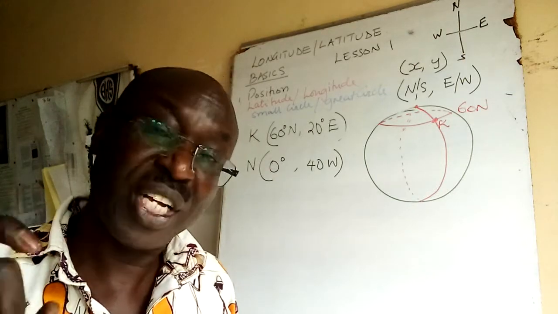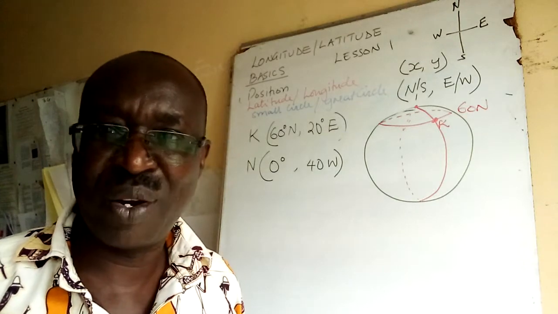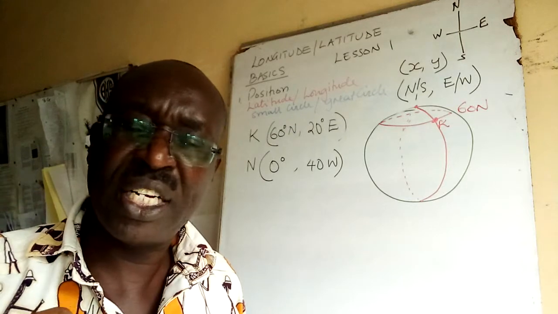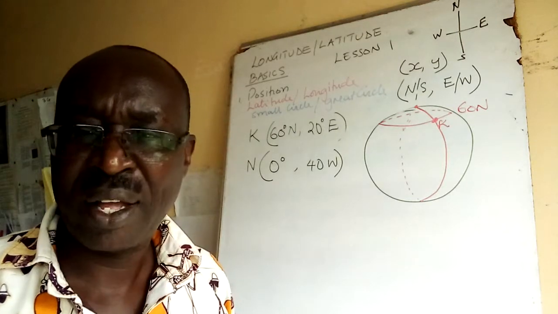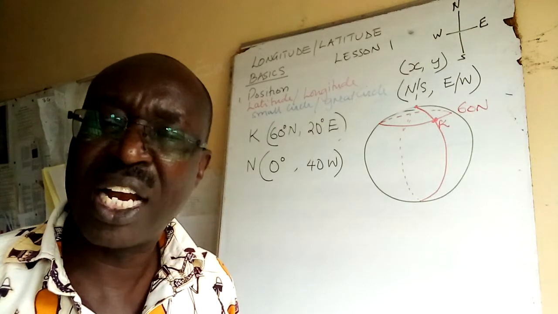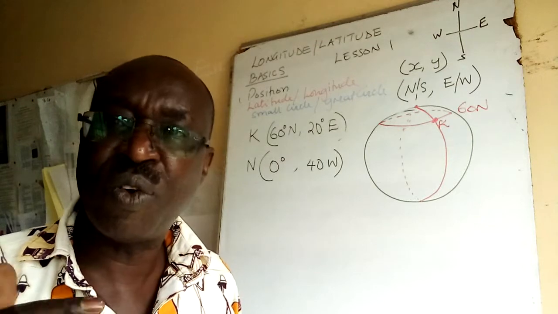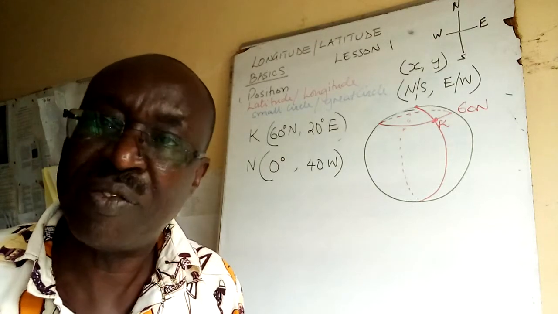The position is specific. In coordinates it is the x coordinate followed by y. In latitude and longitude, it is latitude first, followed by longitude. There is a specific way.